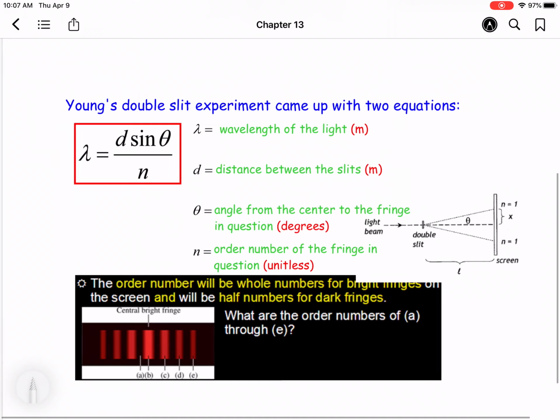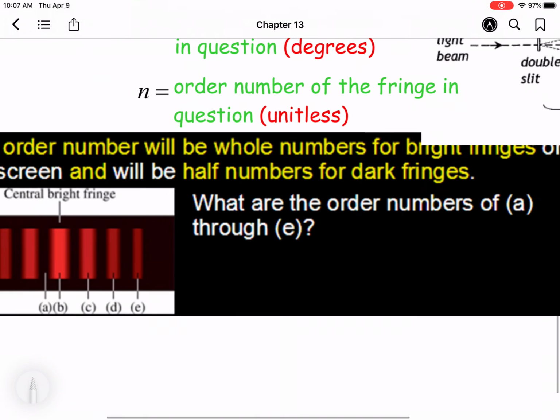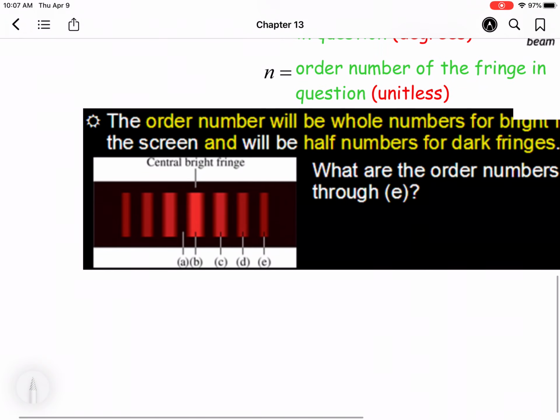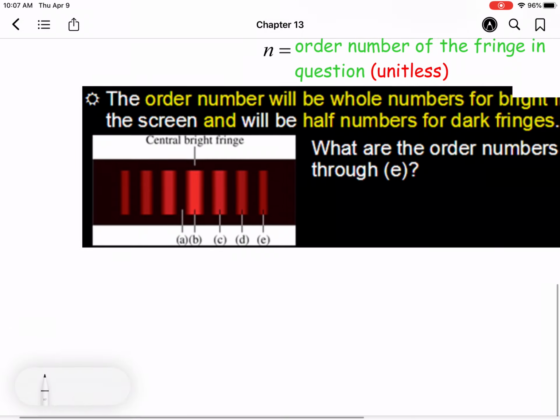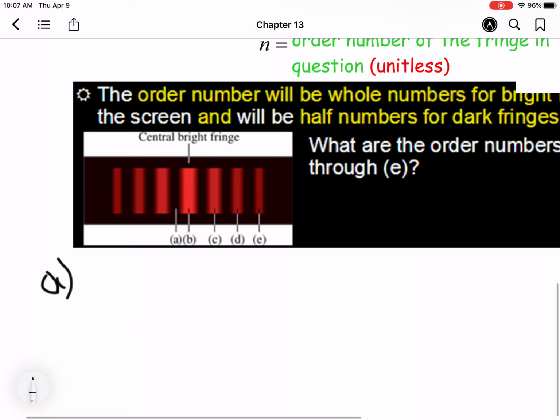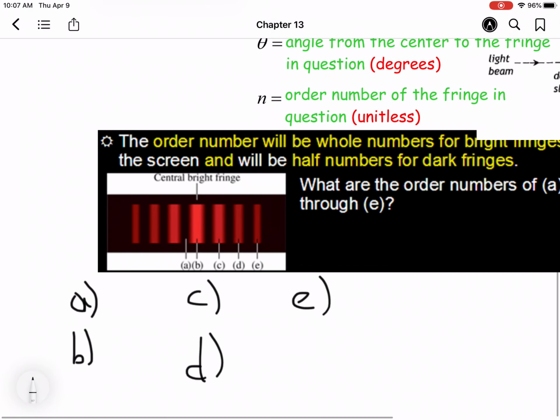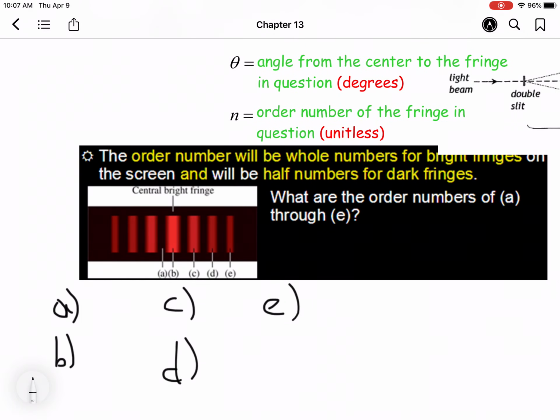I'm going to come back to this equation. If we consider these different letters, we have A, B, C, D, and E. The central one, B, would be the 0.